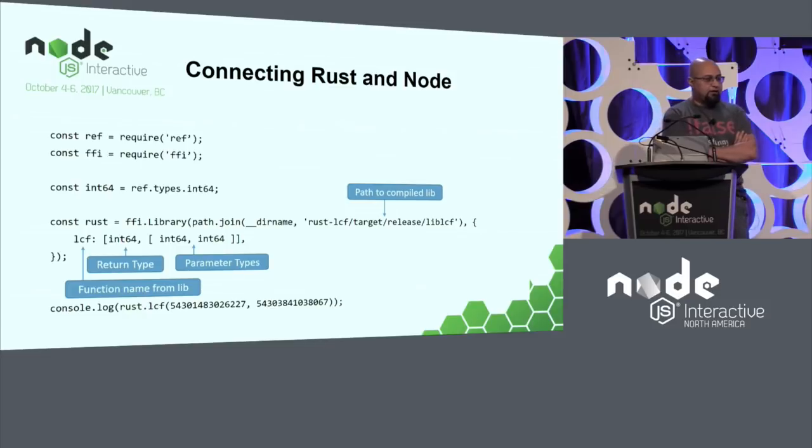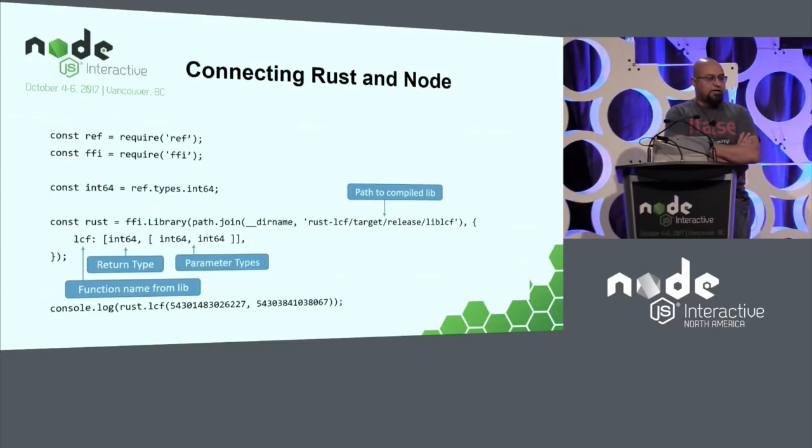So here we require our FFI. Ref is a library that gives us types in JavaScript. It lets us marshal these types back and forth. So we'll declare an int64, which we'll get out of ref types, and then we'll tell the FFI library where our native code is and what functions we want to pull out.